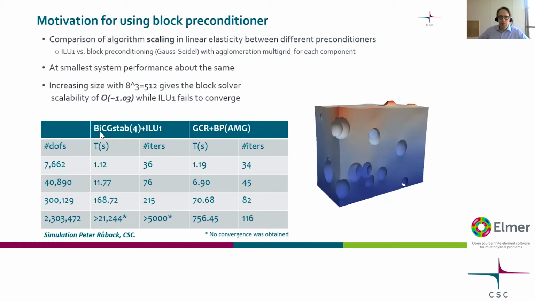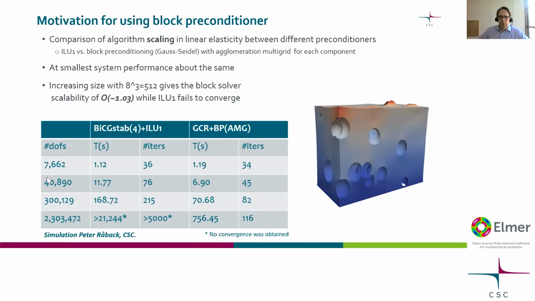The first one was BCGStab(4) with an incomplete LU 1, which means that the incomplete LU includes all the components that come from the A times A matrix multiplication, and then the GCR method using a block preconditioner, which uses algebraic multigrid for each component.